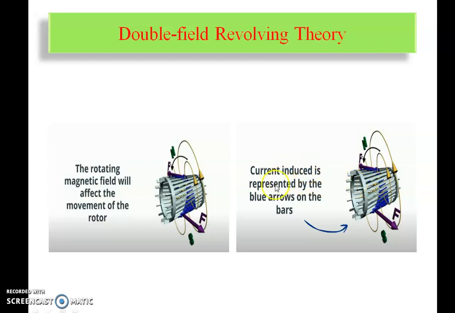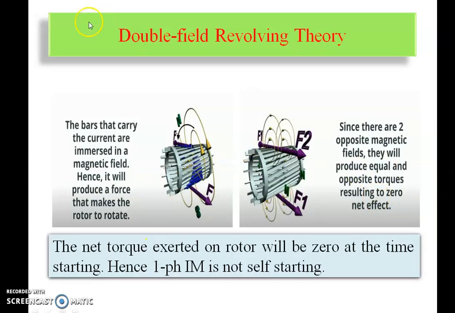The current induced is represented by the blue arrows on the bar. This is what we call the direction of the currents. The bars that carry the current are immersed in the magnetic field, hence they produce a force that makes the rotor rotate. We insert the rotor in the stator core and fix it in the stator part.